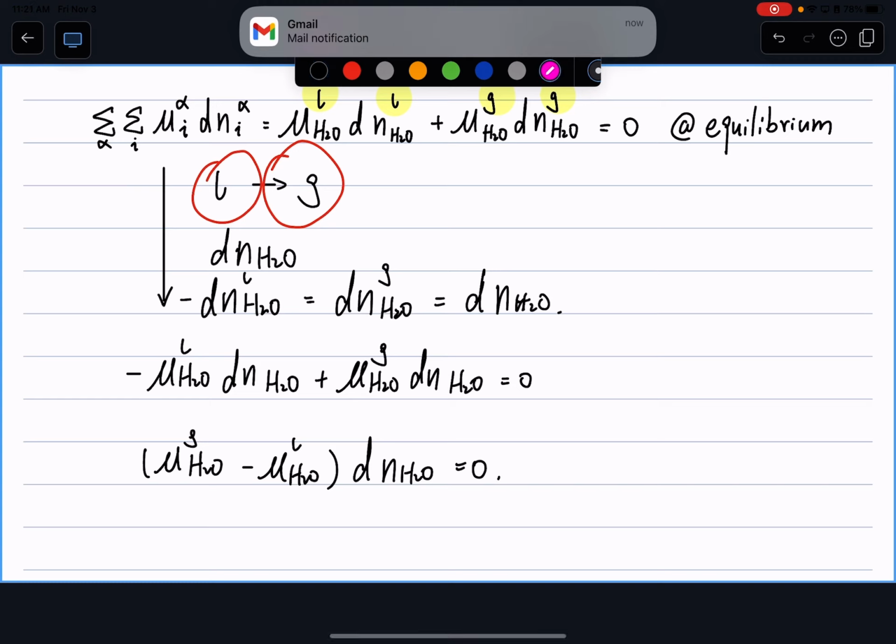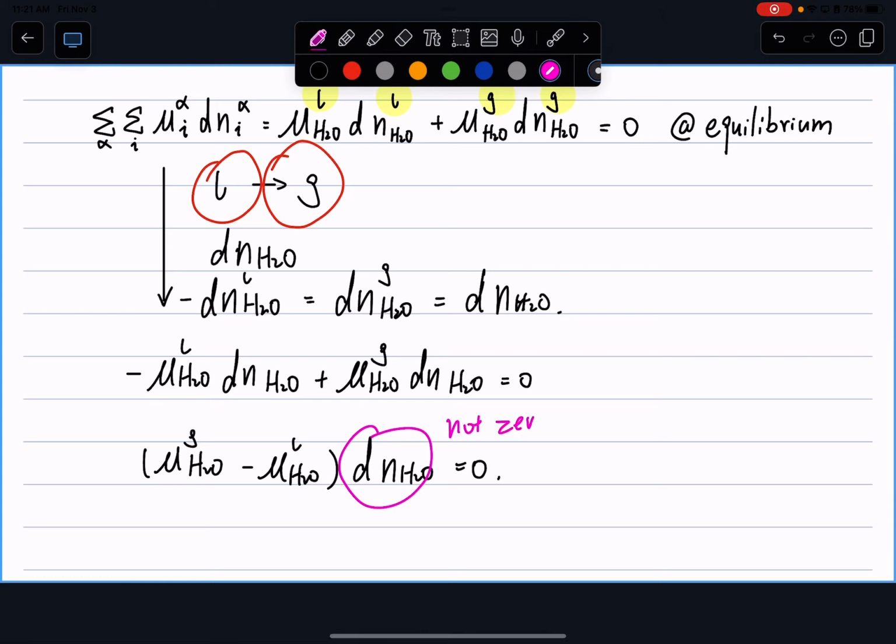And this dN H2O term is not 0, because we do have moles of water going from the liquid phase to the gas phase. So that tells us this chemical potential difference must be 0 in the process.